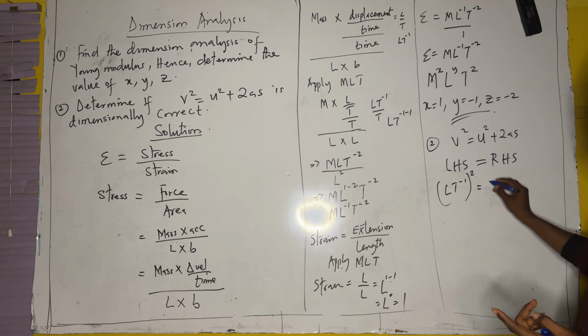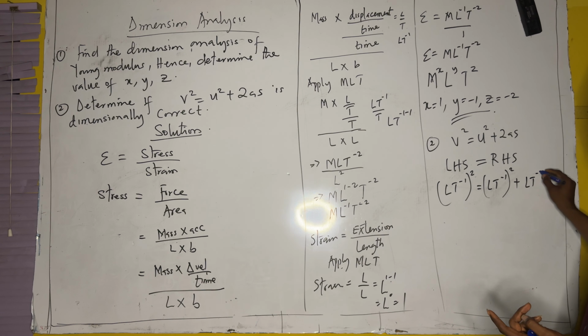So it is still LT minus 1 raised to power 2, plus acceleration, which is LT minus 2, times distance, which is L. Now we apply the laws of indices.